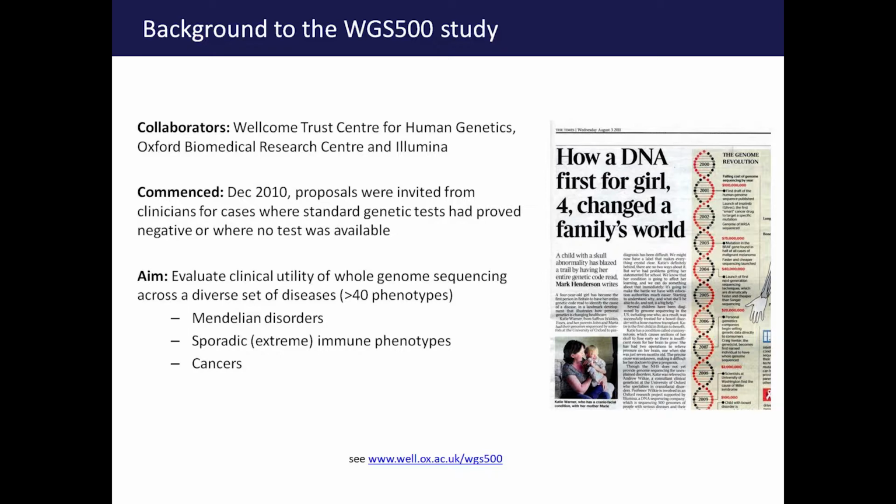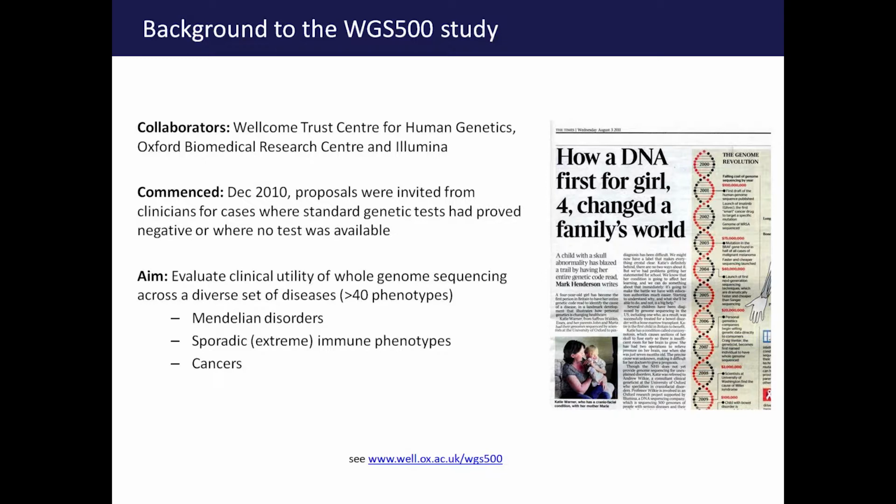The project started in 2010, and proposals were invited from clinicians all over Oxford, and we wanted to try and recruit cases where standard genetic tests had been performed but had been negative, or else conditions where there was no test available. So the aim was to recruit quite a diverse set of phenotypes, and we did quite well in that regard. We've got over 40 different phenotypes.